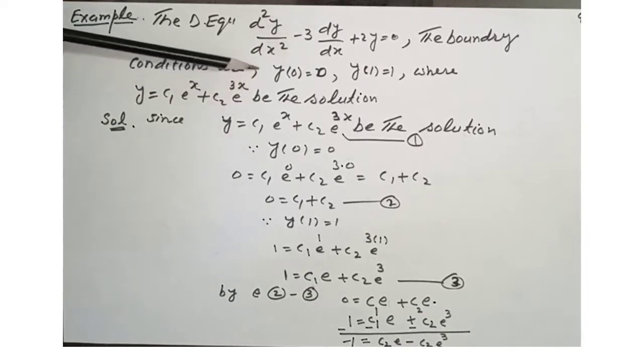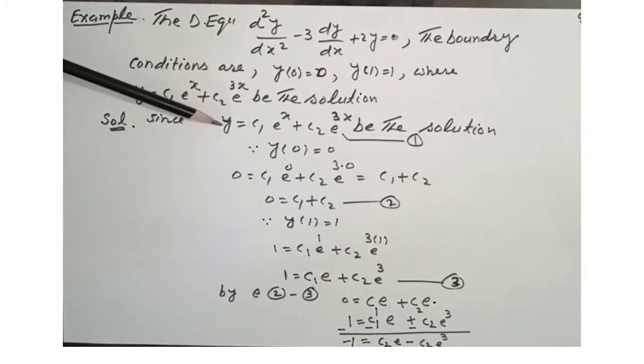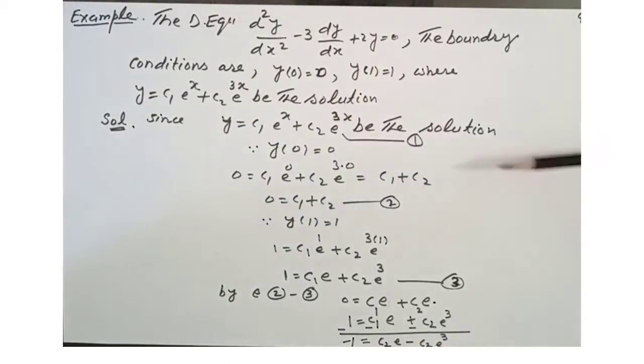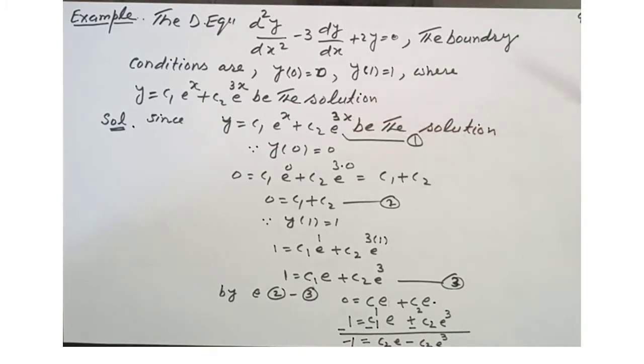So you see, y(0) equal to 0 means x equal to 0 and y equal to 0. This is the value of x and this is the value of y. So we put 0 in place of x. In the solution y equal to c1 e^x plus c2 e^(3x), we put y equal to 0 and x equal to 0.